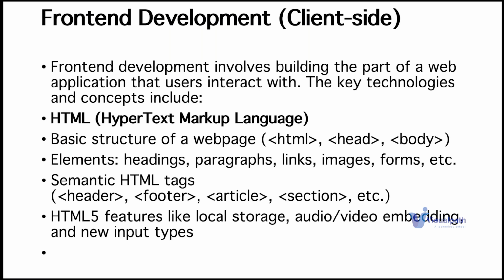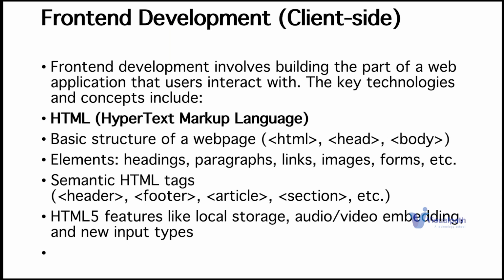The basic structure is HTML, head, body, elements and tags, and semantics like header, footer, article, section, and HTML5 videos. All this sums up to front end HTML design. We will see this in detail when you start the course on HTML, but for now we are just seeing what HTML and the front end have.